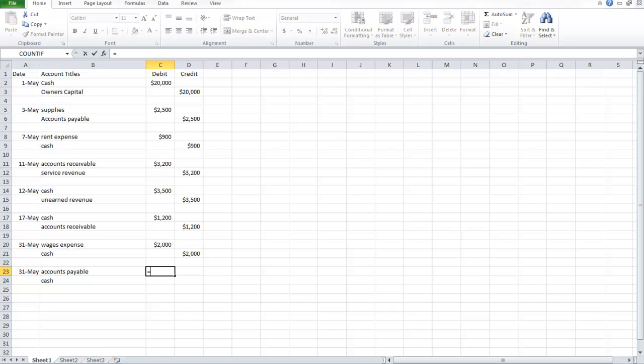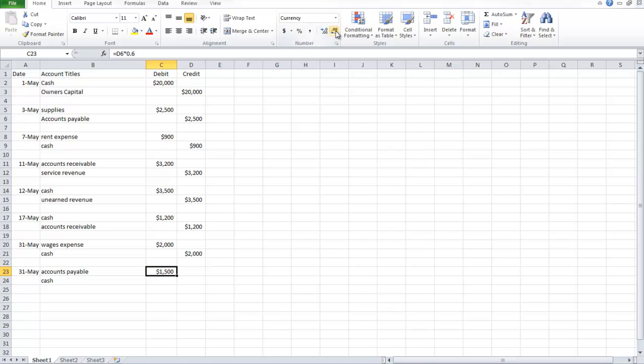So here we have $2,500 that was owed originally. We take 60% of that, and that's $1,500. And we credit cash for $1,500.